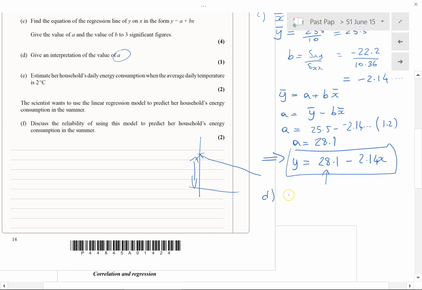So the answer to D would be the daily energy consumption when the temperature is 0 degrees C, freezing.